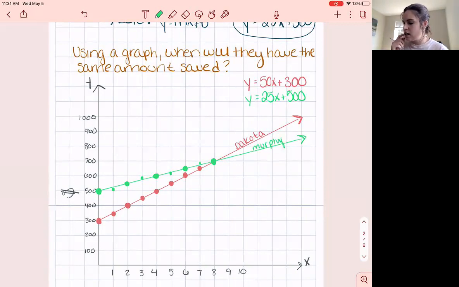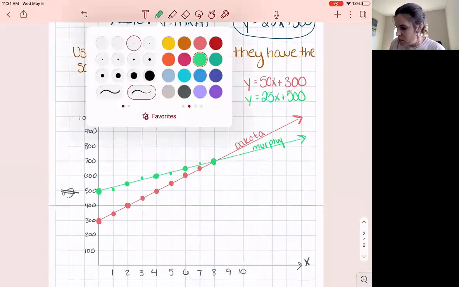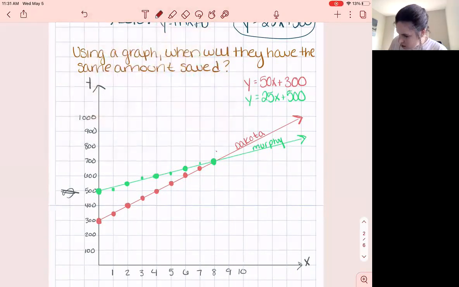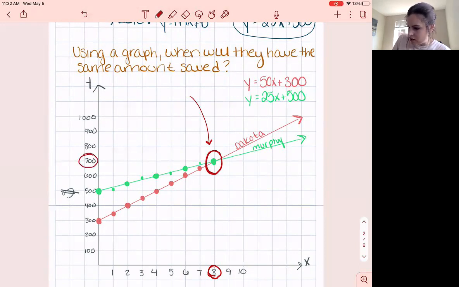Okay, so again, the question says, using the graph, when will they have the same amount? Well, here's where they cross. So to answer that question, it's going to be at 8 weeks. And in case we wanted to know money, $700.